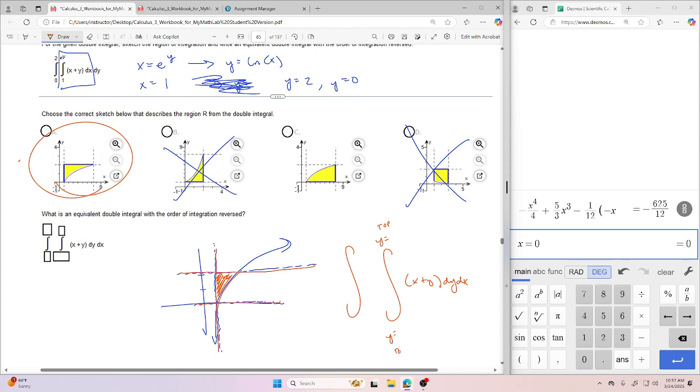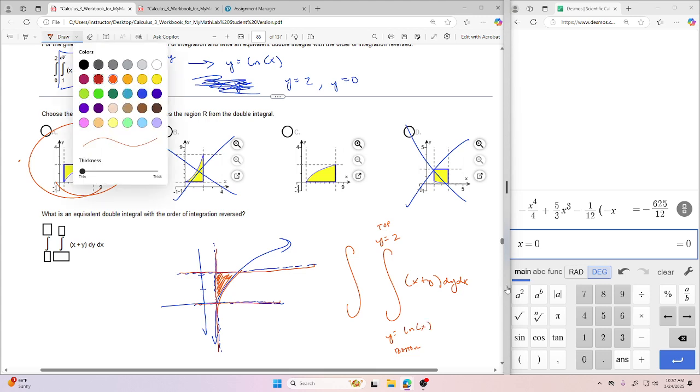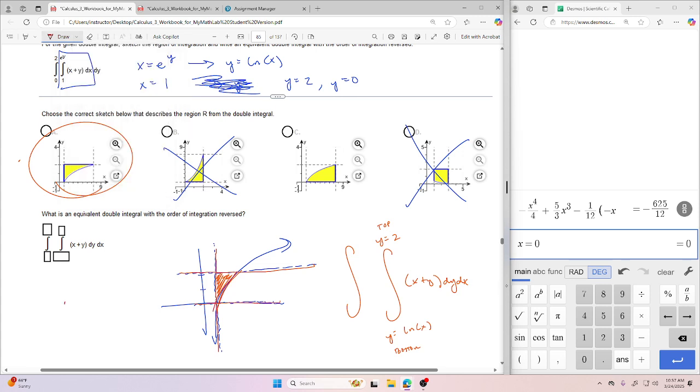What would go on the top according to my picture? 2. And what would go on the bottom? ln x. That's correct. If you're looking at the picture, it's best to see that ln x, in red and orange, is on the bottom, and then this line is at the top.